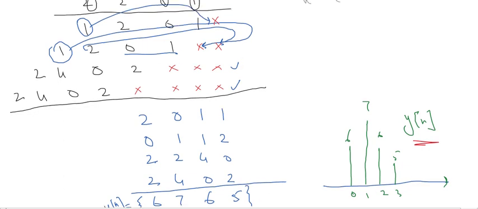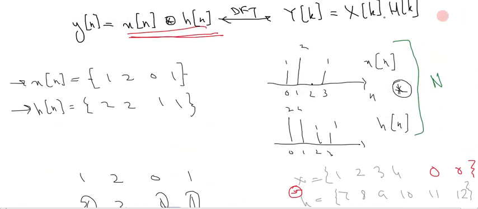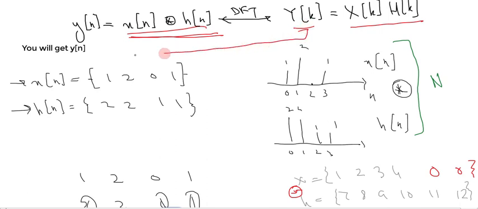Now, according to this property, if you multiply their respective discrete Fourier transforms, you get y of k, and if you perform the inverse discrete Fourier transform, you get y of n. So in the previous lecture, we calculated x of k.